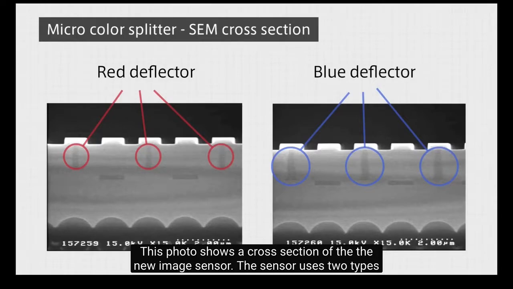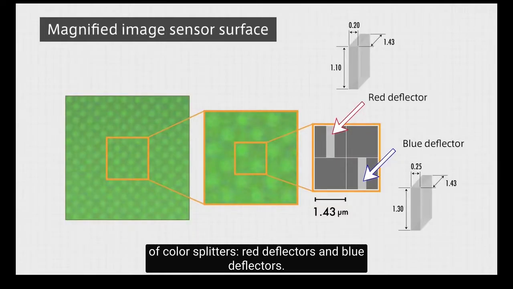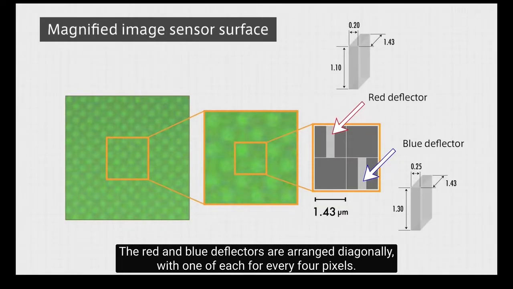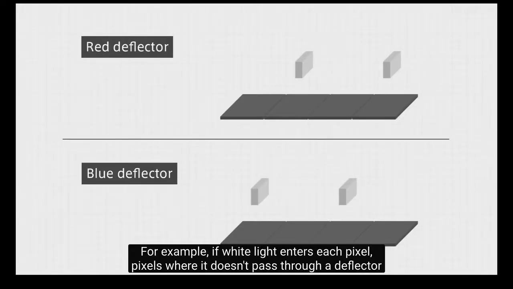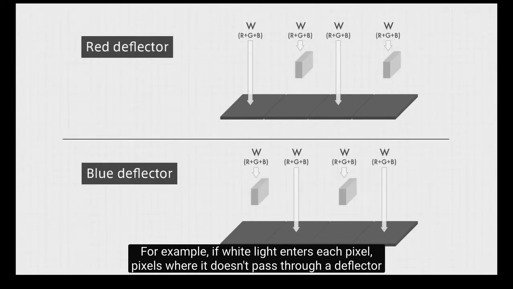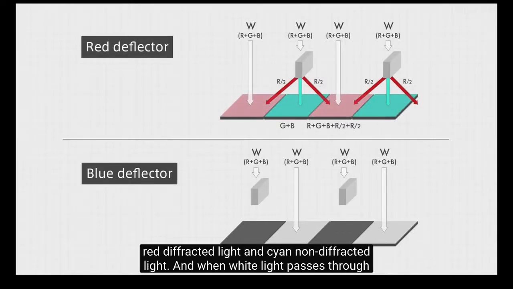This photo shows a cross-section of the new image sensor. The sensor uses two types of color splitters, red deflectors and blue deflectors. The red and blue deflectors are arranged diagonally, with one of each for every 4 pixels. RGB values can be obtained by determining the intensity of light reaching each of the 4 pixels. For example, if white light enters each pixel, pixels where it doesn't pass through a deflector receive unmodified white light. But in pixels with a red deflector, the light is split into red diffracted light and cyan non-diffracted light.